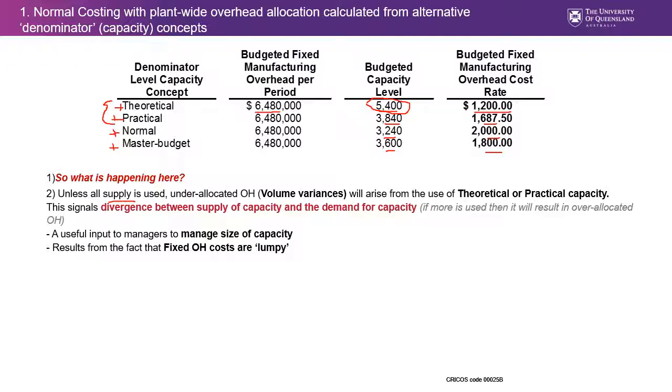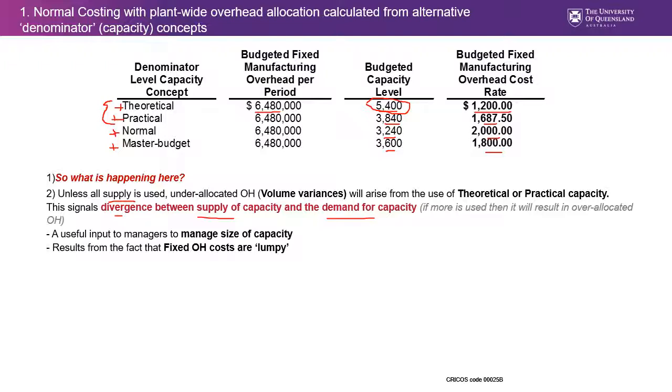This signals a divergence between the supply of capacity and the demand for capacity. So if you have under or over allocated overhead and you're using a supply side denominator, it tells managers that there's either not enough capacity or too much capacity to meet demand. And this is important because the basis of fixed costs is that in total they don't change in the relevant range.